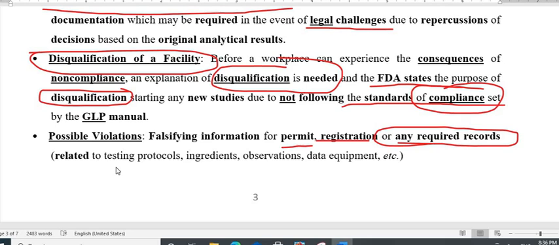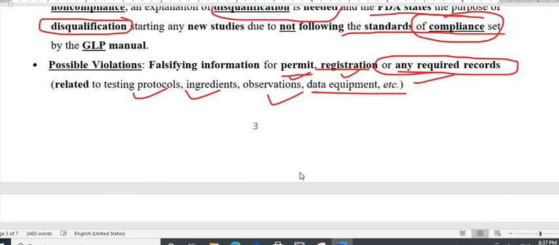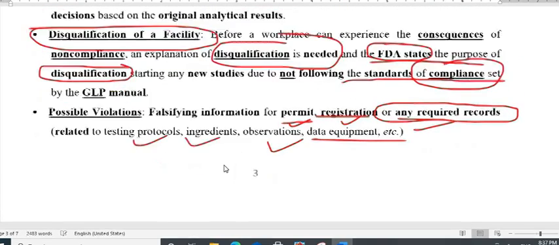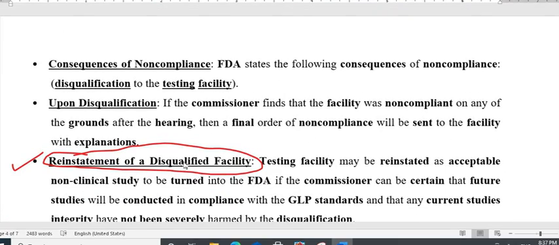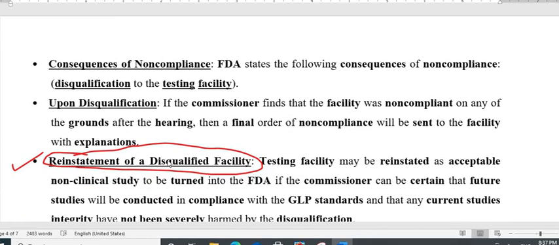If the laboratory does not give correct information about the permit, registration, start of the work, protocol, ingredients, observations, everything about the work, and does not give the data to the authority, then the FDA, particularly in the United States, will state the disqualification of the facility.